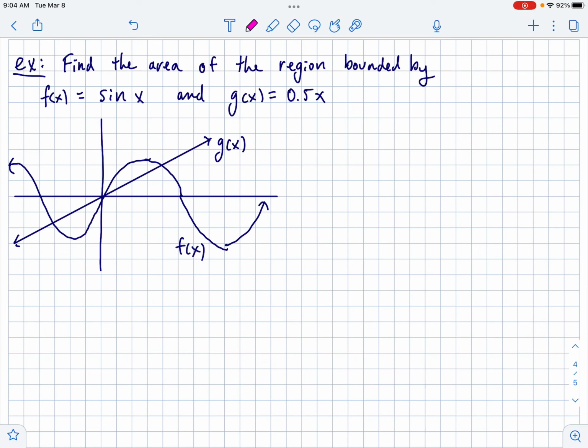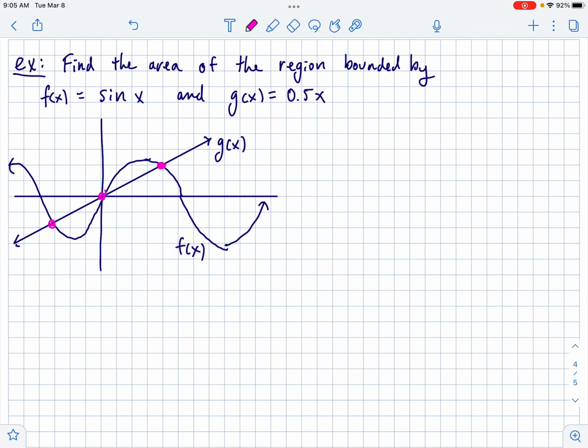The last one is from chapter 13, because a lot of the trig they save for chapter 13. We're going to find the area of the region bounded by the sine of x and 0.5x. If you graph both of these, you'll see that they cross in 3 places. Using the intersect function, you're going to get some numbers that aren't super nice.